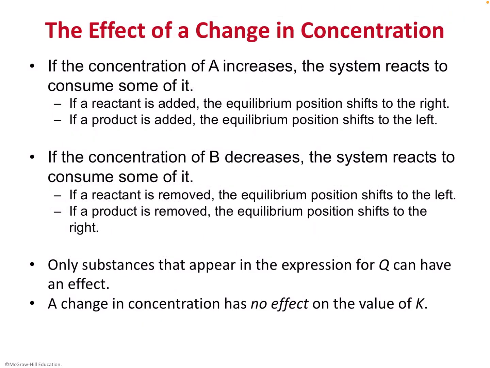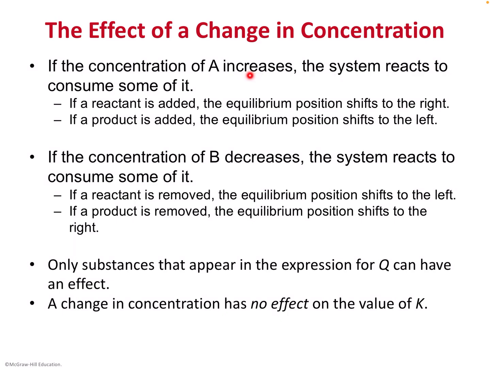So how can we disturb a reaction at equilibrium? One way is to change the concentration, and let's see what is going to happen to the system if you change the concentration of reactants or products. If the concentration of A increases, you can consider A as a reactant, what's going to happen?